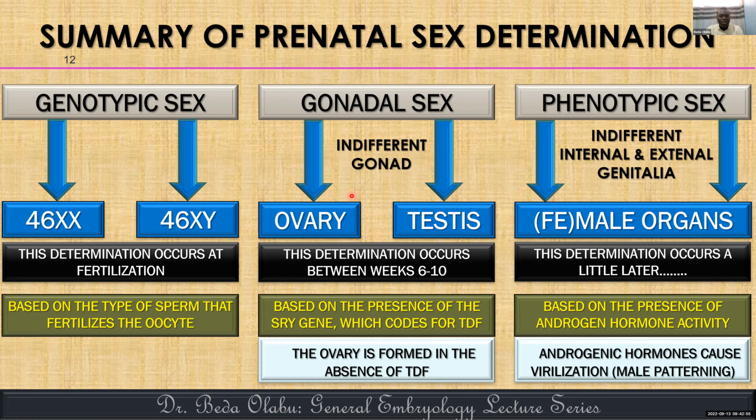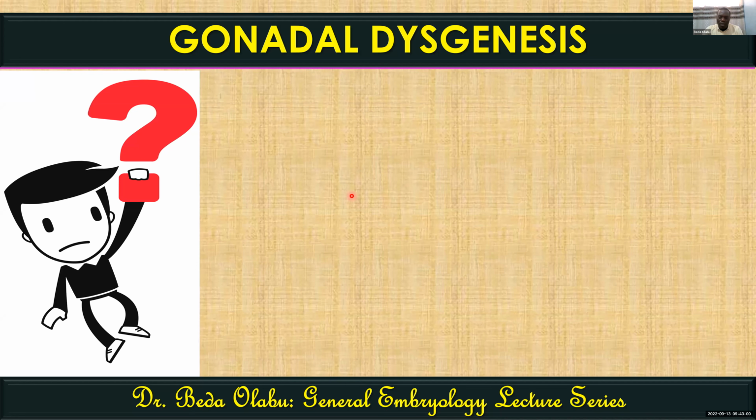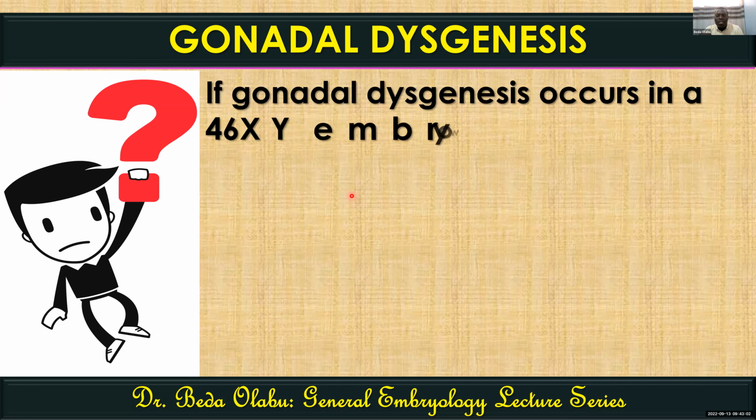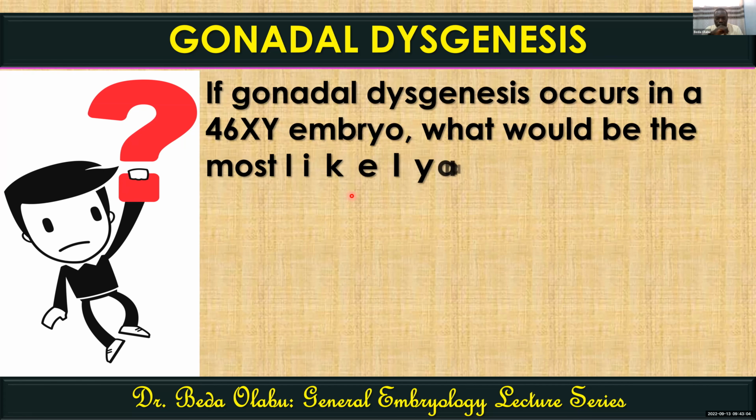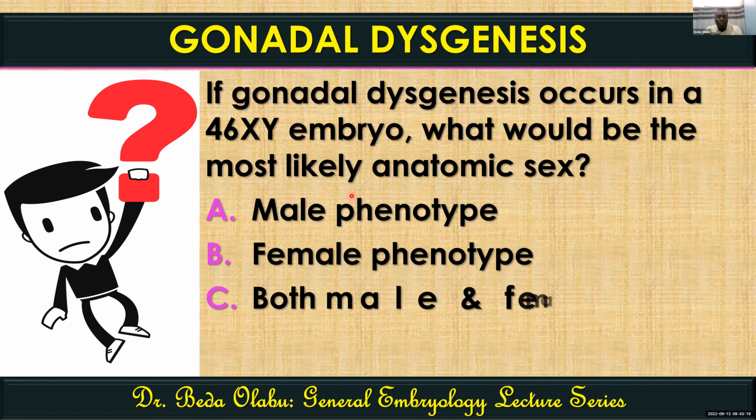But then I want to give you another question. So gonadodysgenesis, if gonadodysgenesis occurs in an embryo who is 46XY, what do you think will be the anatomical sex of that particular baby?